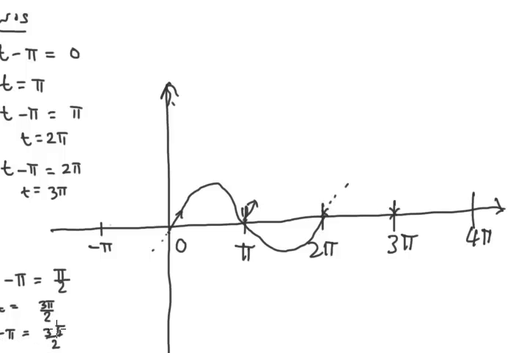Then when I do the same thing, I get to t equals to 5 halves of pi. Where is 2 halves of pi? 3 halves of pi is here, which means the function will be there at the highest point. 5 halves of pi, this is 4 halves of pi, 5 halves of pi will be there. Then the function will be there at the lowest point.